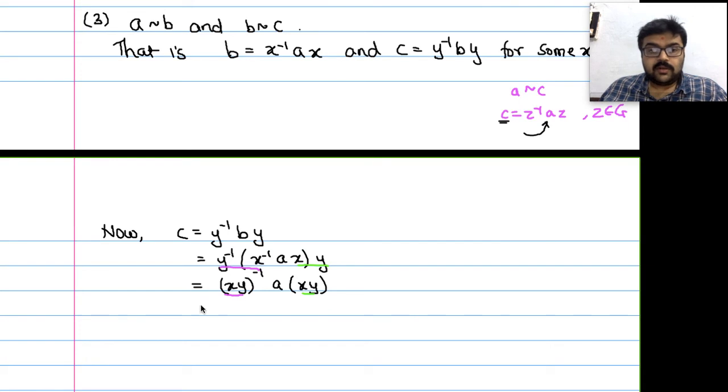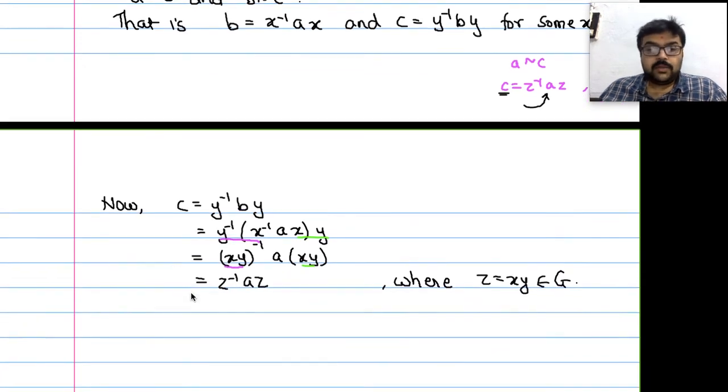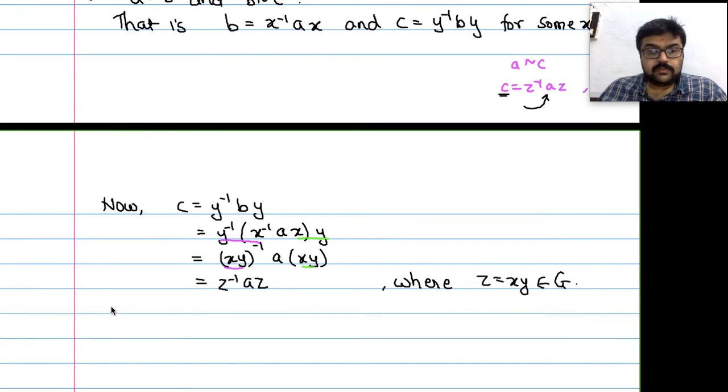So this we can write as z inverse A z, where z equals xy, and this is an element of G because G is a group, right? So then A is related to C, and so this is transitive.